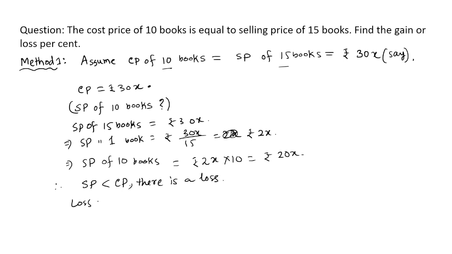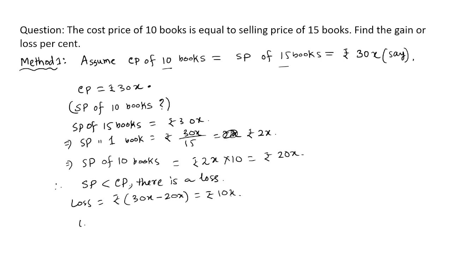The loss is rupees 30x minus 20x, that is rupees 10x. So he buys at 30x, he sells it at 20x, therefore he has a loss of 10x.